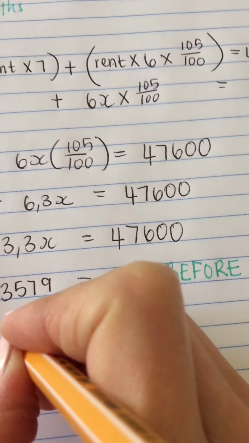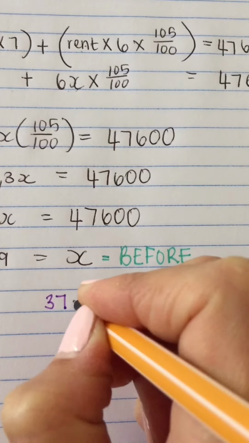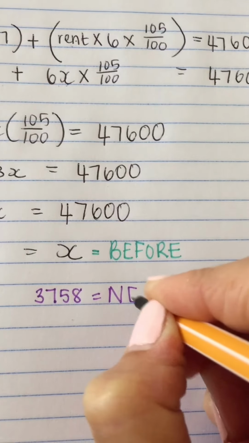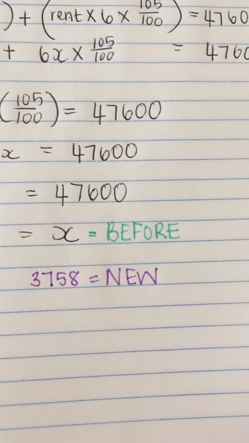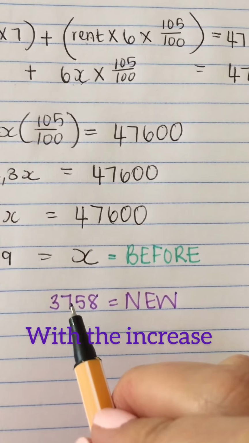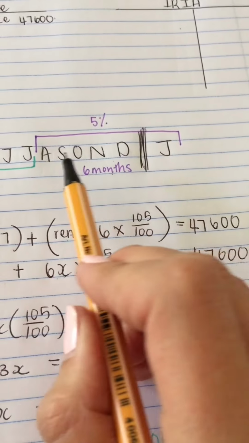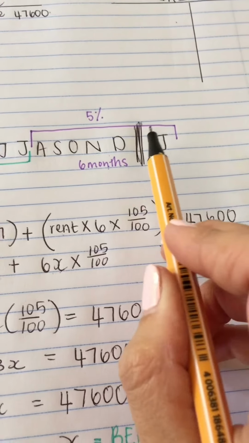So I get 3,758. That is the new rent amount. And that is the amount for January and all of those. That's the increased amount. But now I can go and take out January.